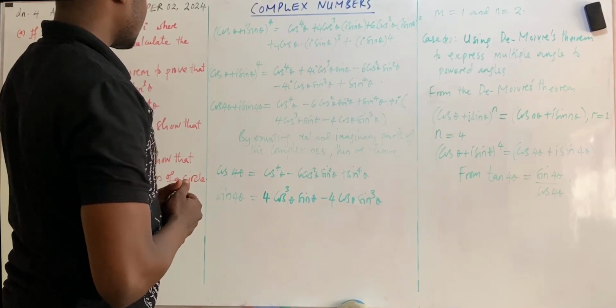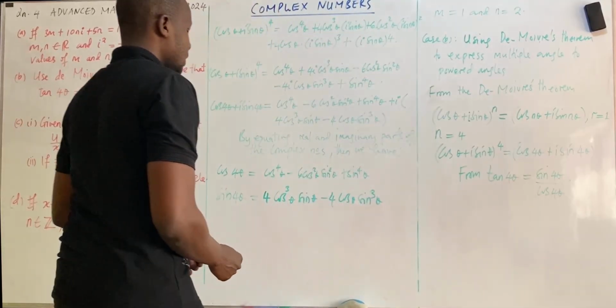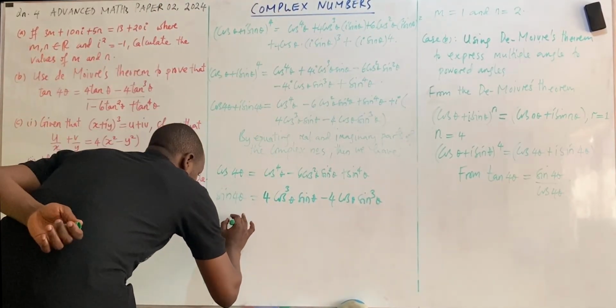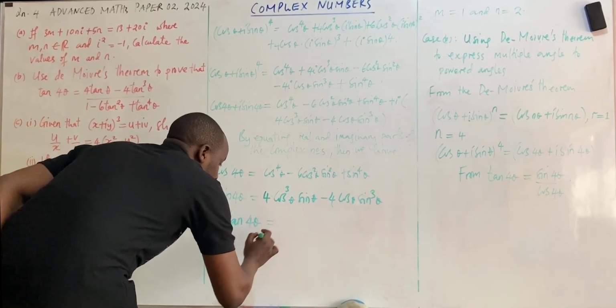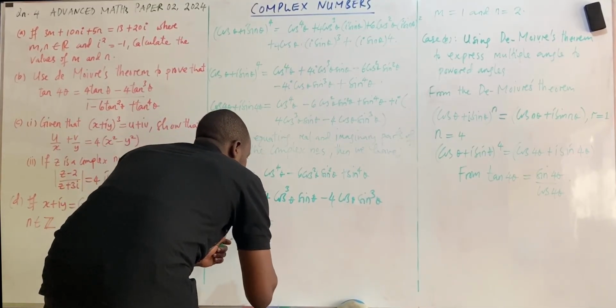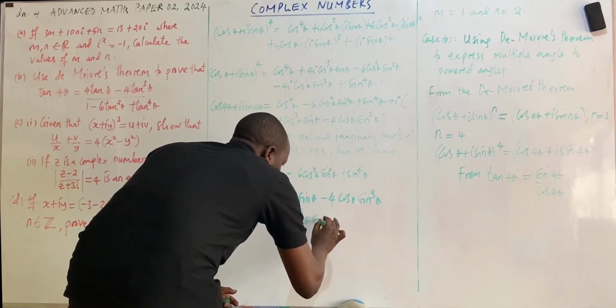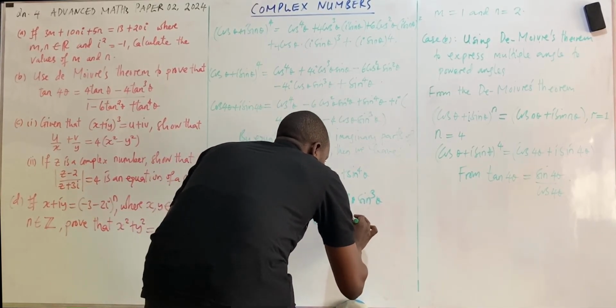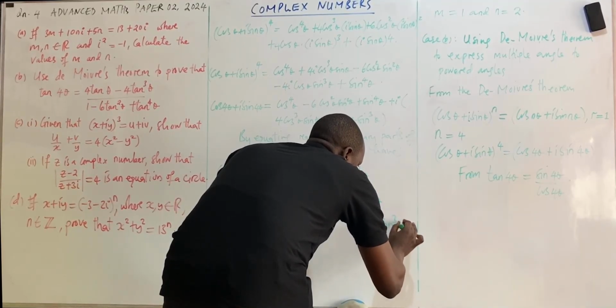If that is to be the case, then now we go for the quotient identity in trigonometry, that tan of 4 theta, the tan of multiple angle, equals the sine of 4 theta, sine of multiple angle, which is equal to 4 cosine cubic theta sine of theta. Now you minus 4 cosine of theta sine cubic of theta.